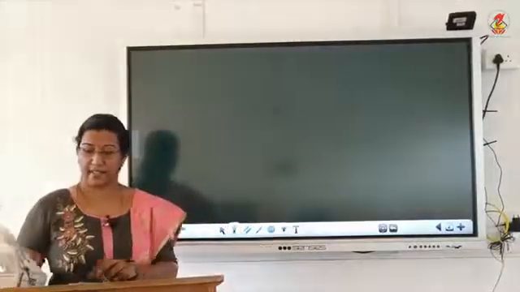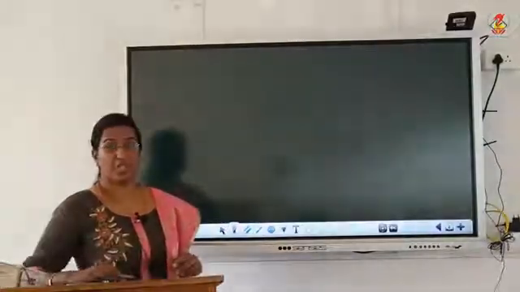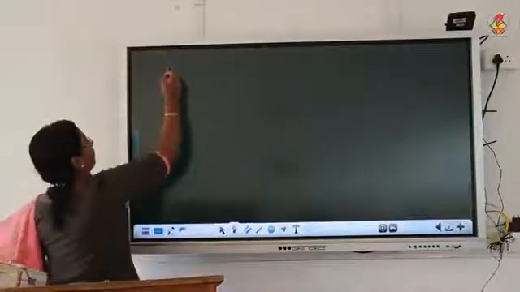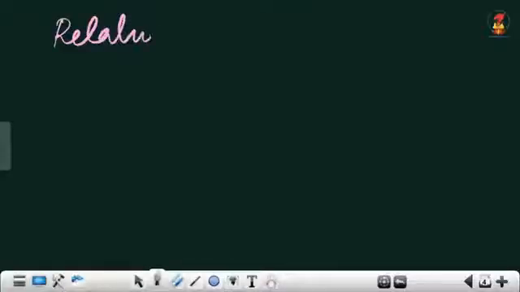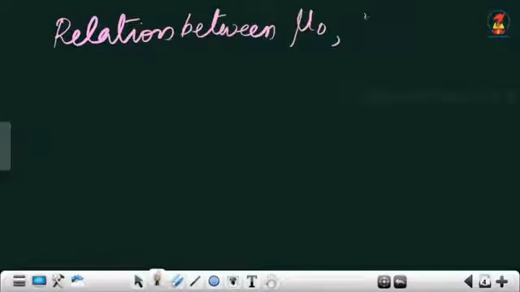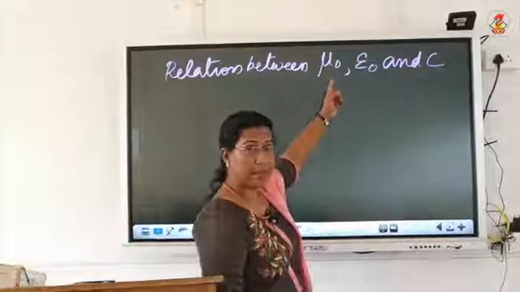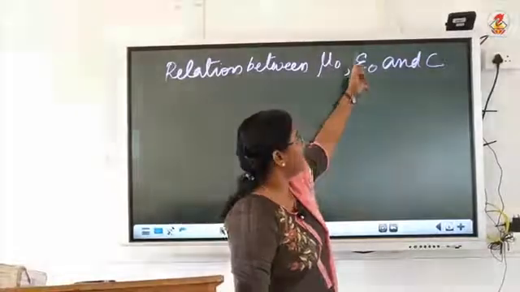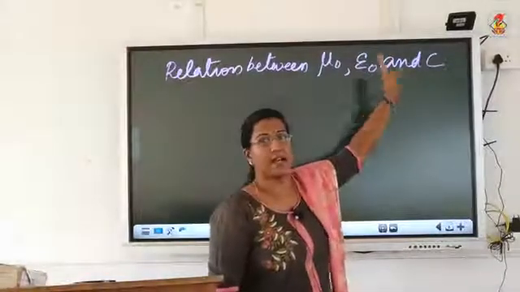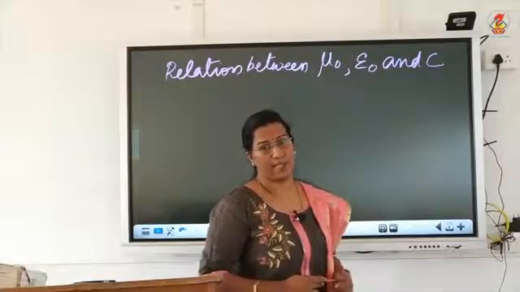Okay. Next we are going to derive the relation between mu 0, epsilon 0 and c. Mu 0 is the permeability of free space, and what is c? c is the speed of light in space.